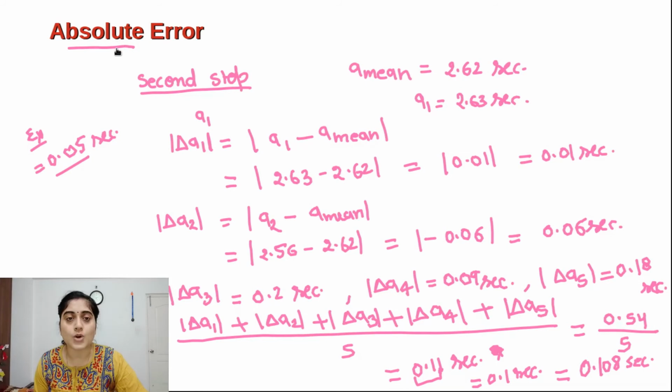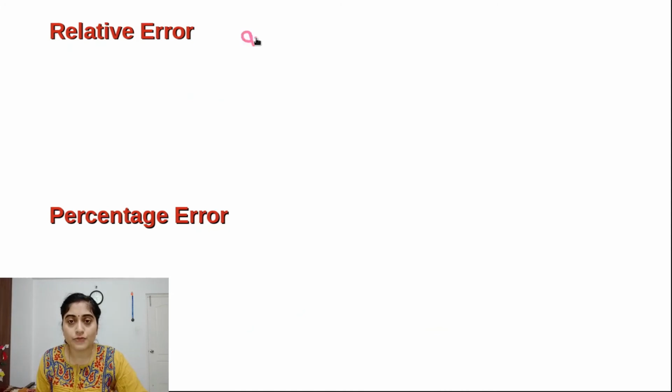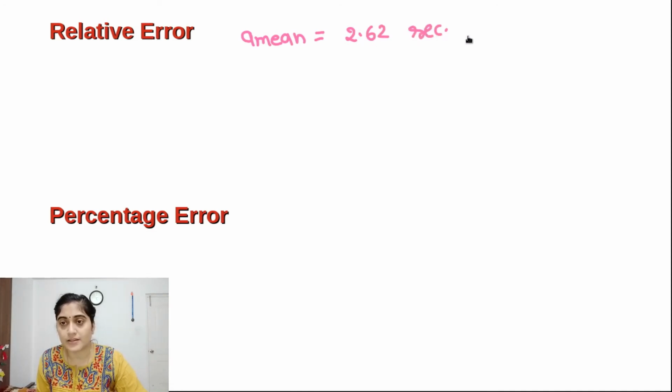Now the next, how to calculate the relative error. Now we will take A mean, which was 2.62 seconds. And what was the absolute error, delta of A? Absolute error was 0.1 second.